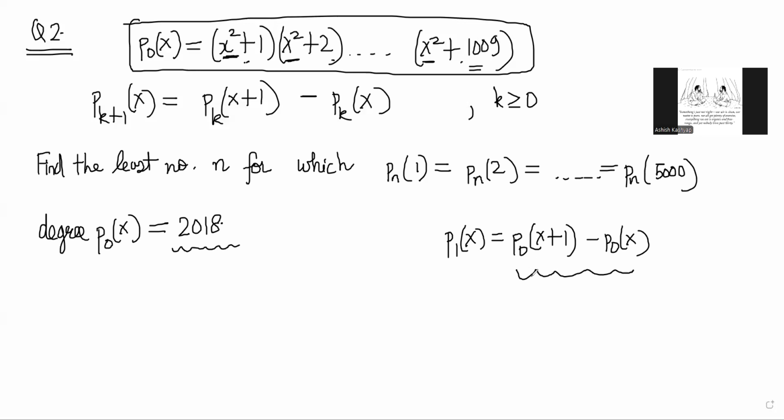Are you understanding what I'm saying? These are 2018 degree polynomials. Yes, sir. The difference of these two, think about the highest power term. Here the highest power term in P0 of x is x power 2018, right? So here it would be x plus 1 power 2018. And here also it will be x power 2018, right? What I want you to tell me is what is the degree of P1 of x? Think about it. What will happen?